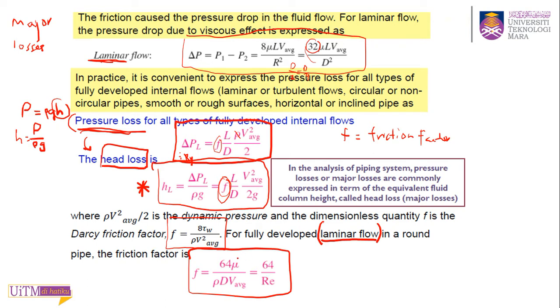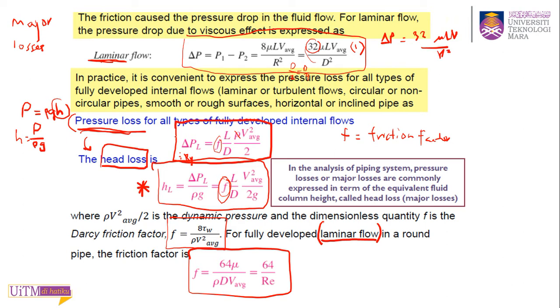You can know how we can derive this equation. If you want to know, it's just a derivation from this equation: delta P equals 32 mu L V over D squared.